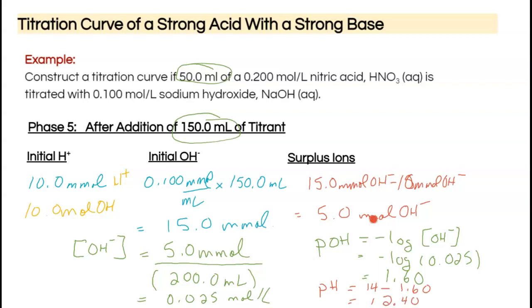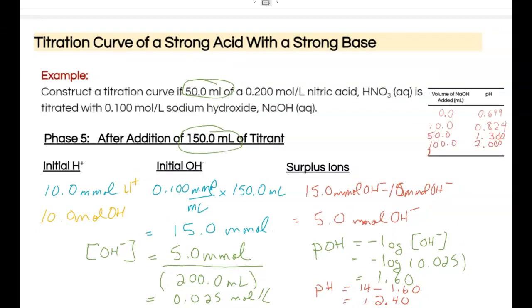So that makes sense. Let's take a look at where we are so far. Now this is my final phase. I've got 150 milliliters of my titrant added in, and that resulted in a pH of 12.40. So we've made only 1, 2, 3, 4, 5 data points.